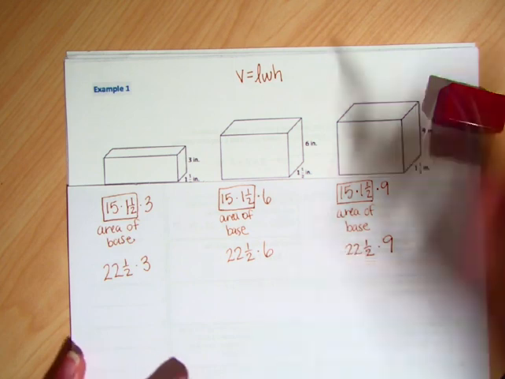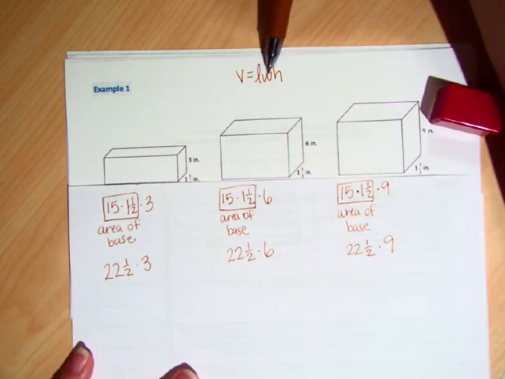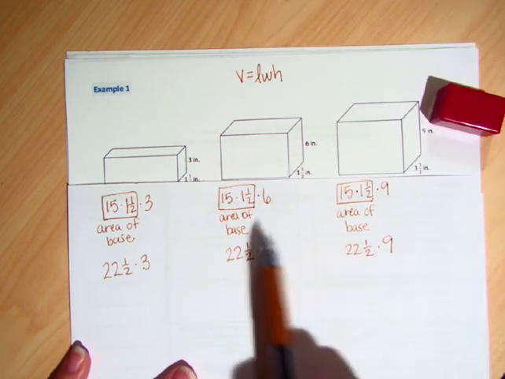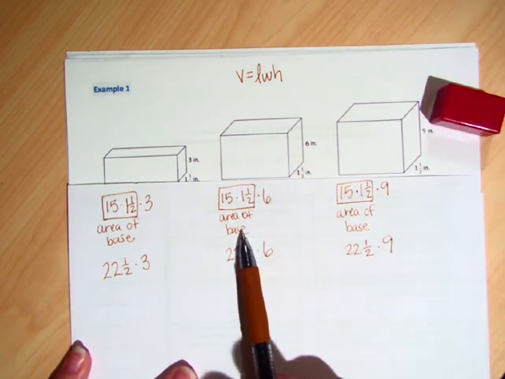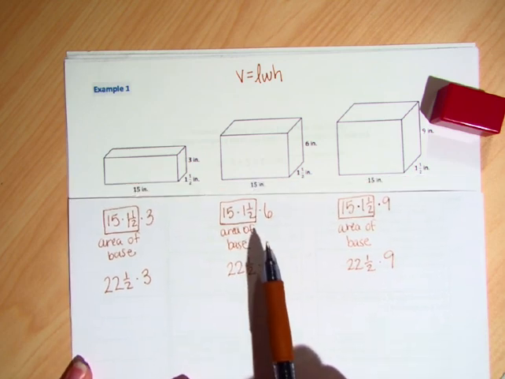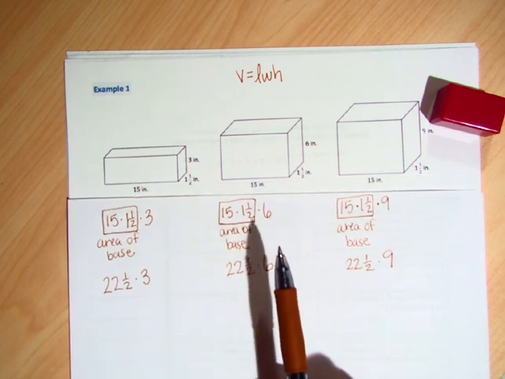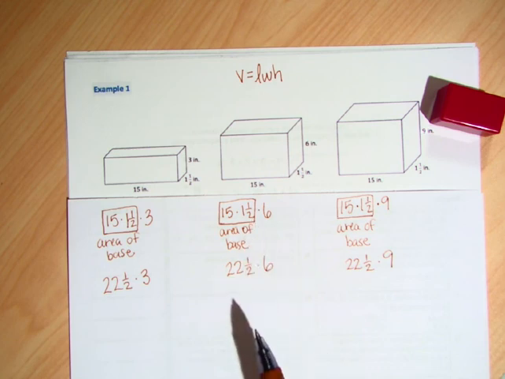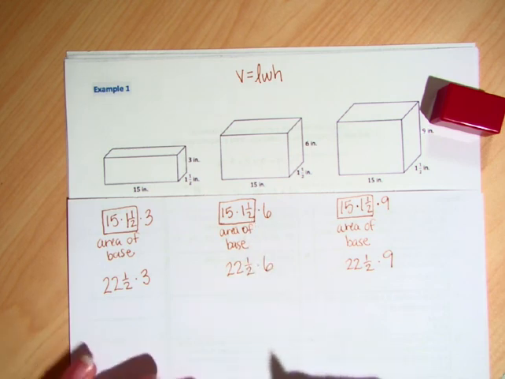Okay, so we know that our formula for volume is length times width times height. If we found that length times width is really the area of the base of the three-dimensional shape, then we have a new formula that we can use to come up with the volume of a three-dimensional shape.